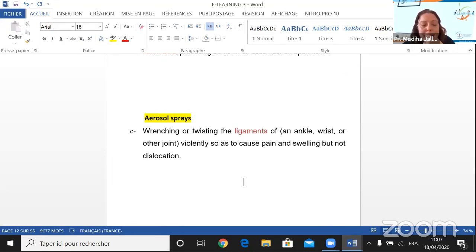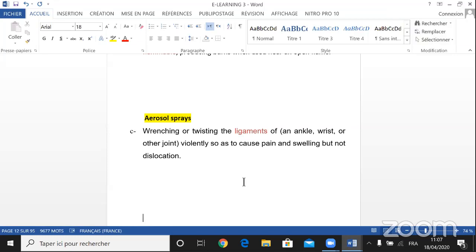Next. Yes, please. I want to hear your voices. Wrenching or twisting the ligament of an ankle, wrist, or other joint violently so as to cause pain and swelling, but not dislocation. Sprain. Yeah, this is a sprain. Good. Why do you say sprain?